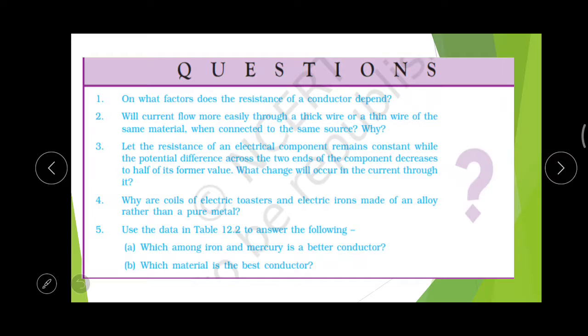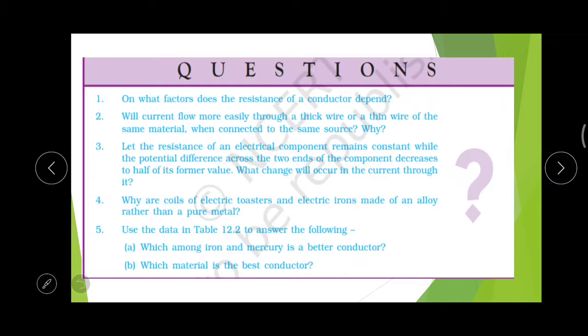Okay. The next question is, which material is the best conductor of all the materials given in the table? Comparing the resistivity values, silver is having the least value of resistivity, 1.60 into 10 to the power minus 8.